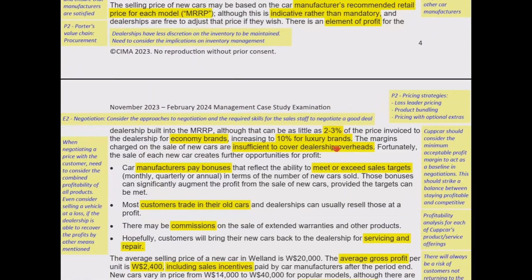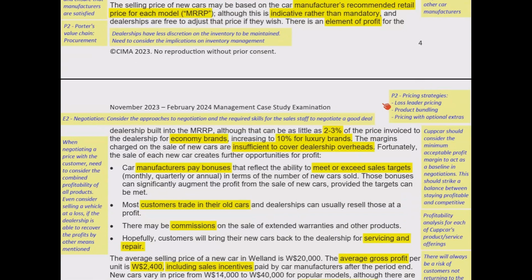So clearly there's going to be a really, really important activity, which is pricing activity, referencing there to P2 and pricing strategies. We know that the margins on new cars is quite small. The gross margin on sale of new cars is quite small, and Cuppcar is going to have to think about how they price up those new cars.